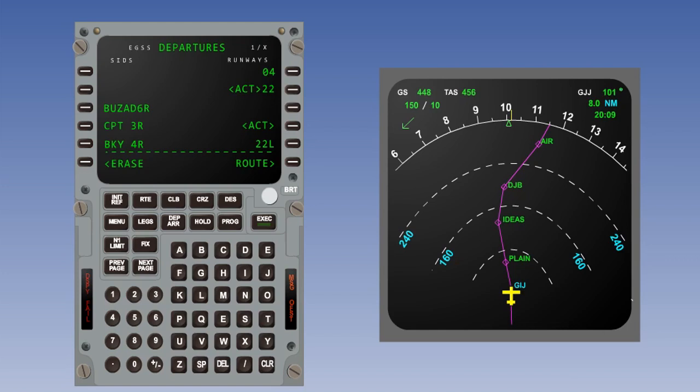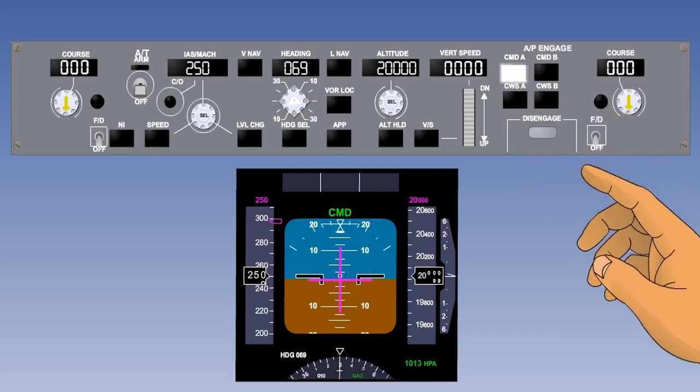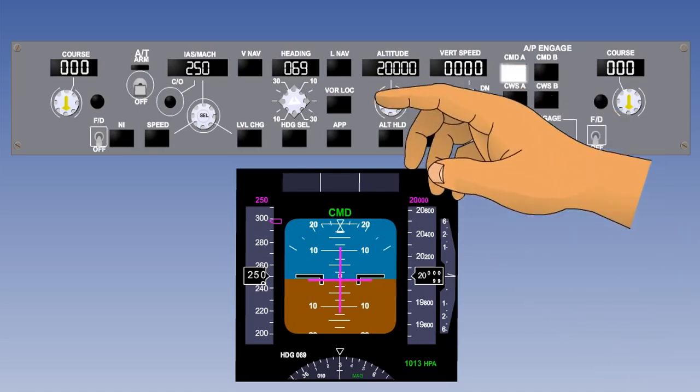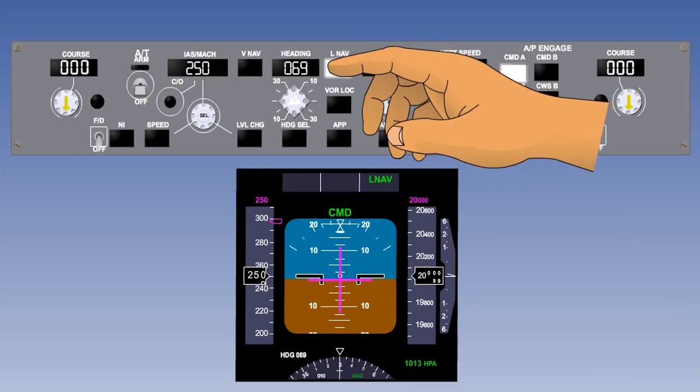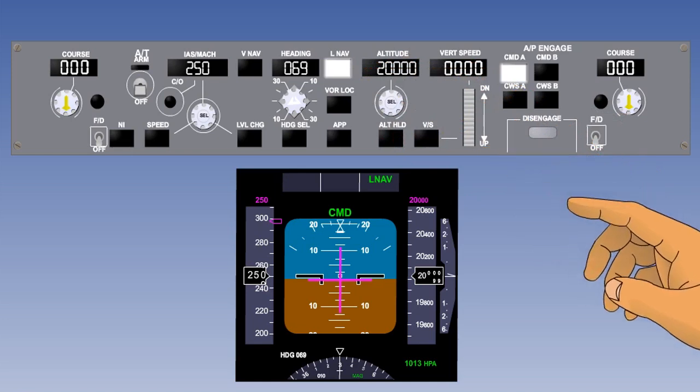You will be able to add a standard departure procedure for the departure runway and an approach procedure for the arrival runway. After takeoff, when the autopilot is engaged, the lateral navigation button can be pressed to engage lateral navigation mode. This will cause the autopilot to fly the aircraft sequentially through the active route series of waypoints.